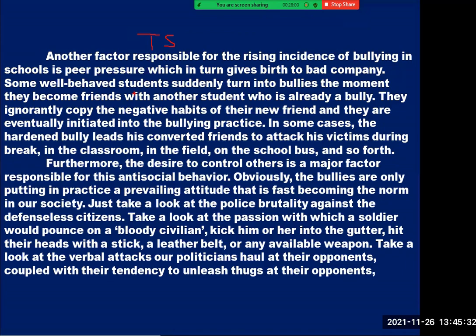Then you support your topic sentence with other sentences, which we call the supporting details, SD if you like. All right? The TS comes first, then followed by the SD. I mean by the SD, supporting details, TS, topic sentence, SD, supporting details. Well, take note of this.